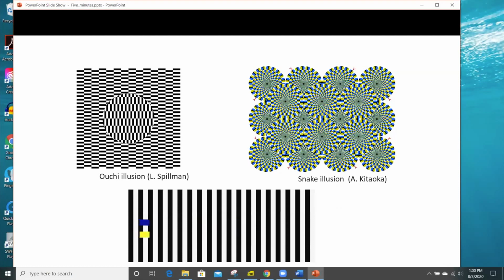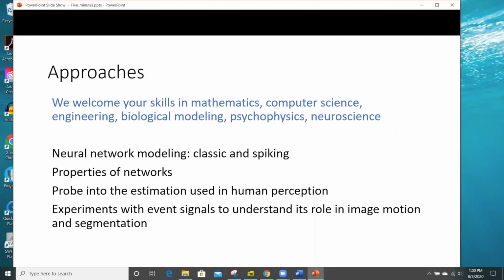So how do I imagine this to happen? That we will be doing neural network modeling and also classic and spiking networks, as well as classic computations. We will be looking at the properties of the network. So the idea being that under regular conditions for normal patterns, the system predicts correctly.